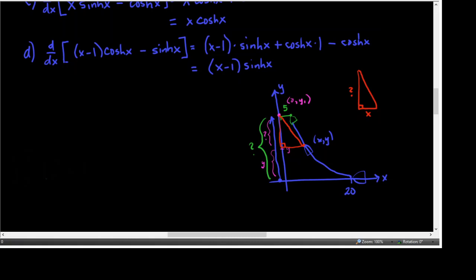The length of the rope is always 20, so the distance between the person holding the rope up there and the boat down here is always 20. Using the Pythagorean theorem, x squared plus question mark squared is 20 squared, so question mark squared is 20 squared minus x squared.